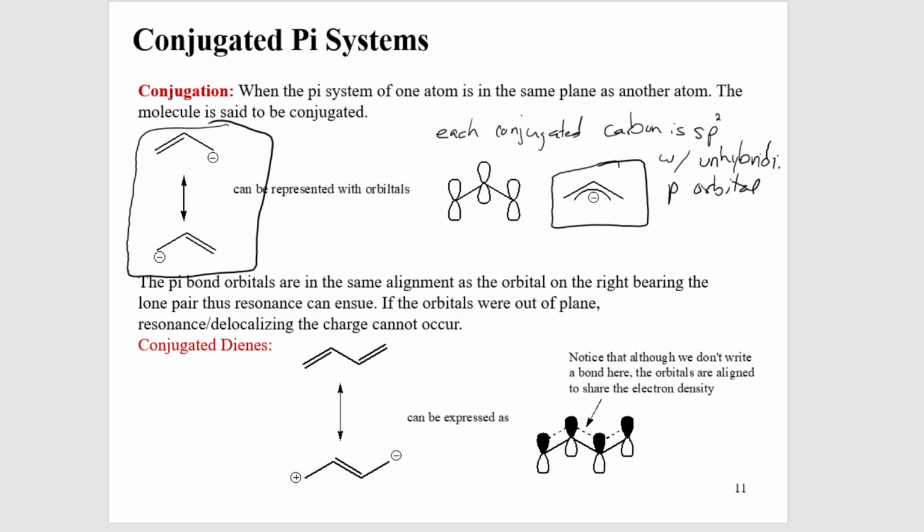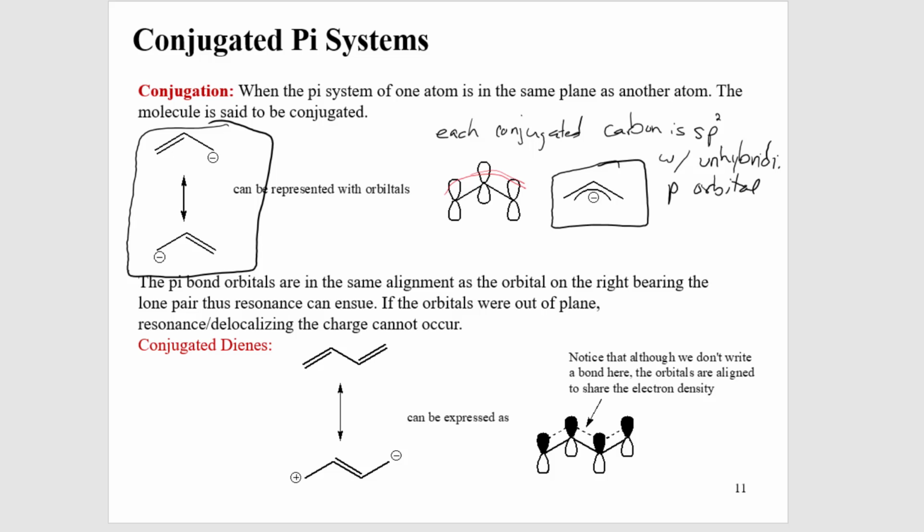And we represent those unhybridized p orbitals as parallel to one another. The electrons are flowing, therefore, across, they're kind of being shared across these overlapping parallel p orbitals. We were doing that in the Diels-Alder reaction as well. We were using the unhybridized p orbitals to represent the domain of the pi electrons.